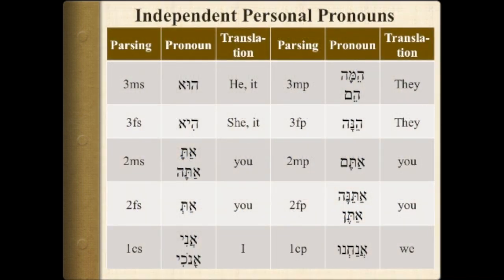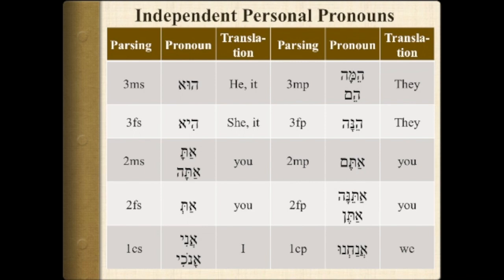Here's a chart. You will also find this in Walker Jones, a chart of the various independent personal pronouns. These are the ones that occur as separate words. That's what it means by independent here.